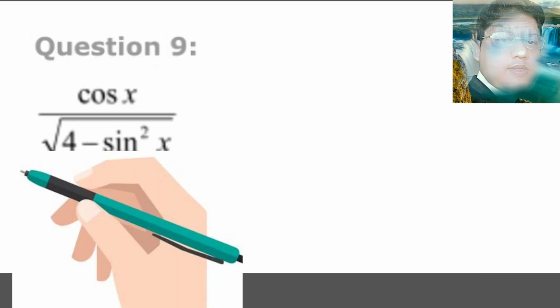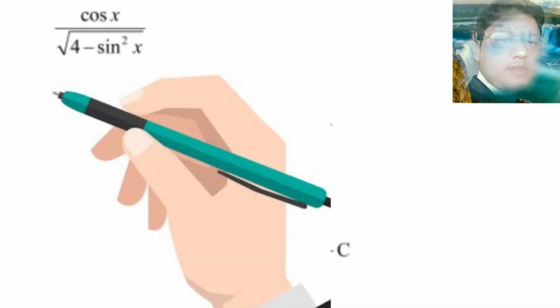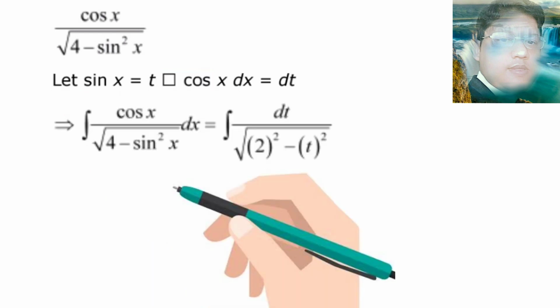Next, question number 9. It is given cos x under root of 4 minus sin square x. So this is the given question. So my students, if I take sin x equal to t and differentiate, cos x dx equals dt.